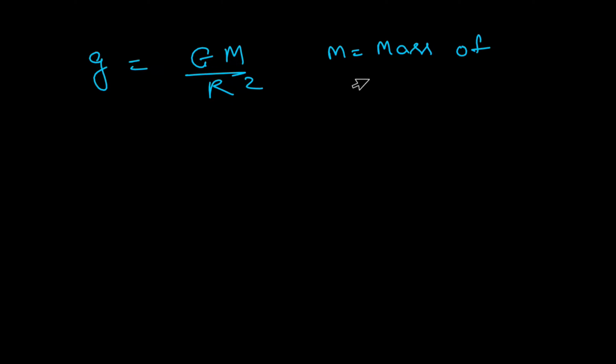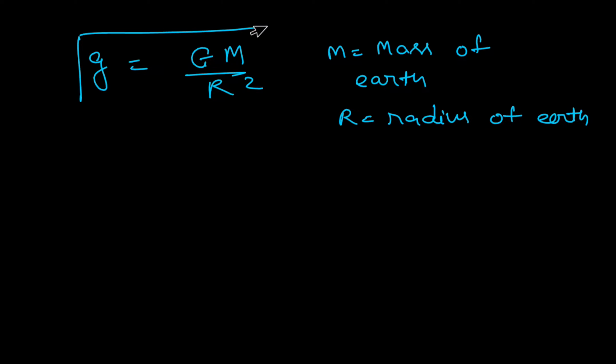Here G is the universal gravitational constant, M is the mass of Earth, and r is the radius of Earth.